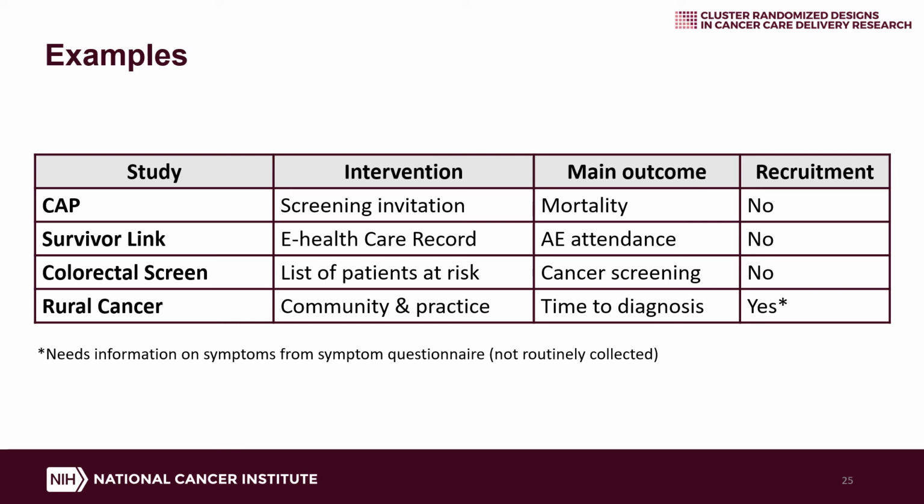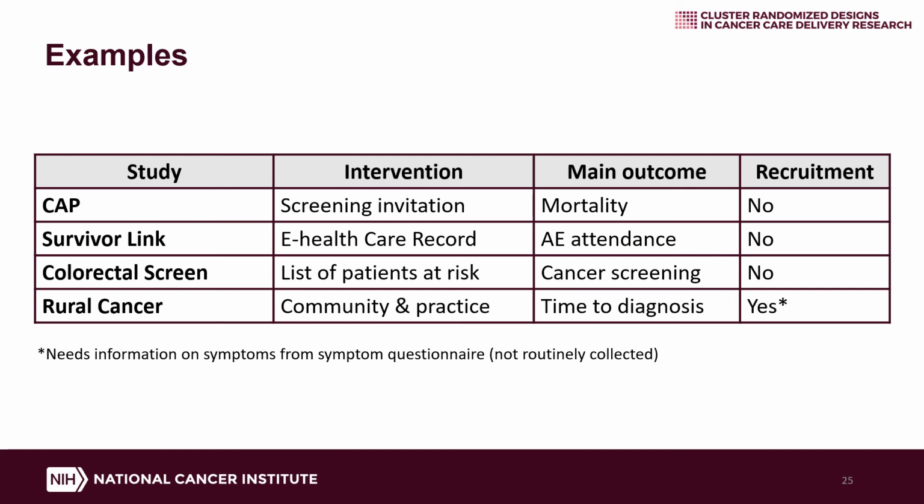And in the rural cancer study, the intervention was multifaceted, targeted both at the community and the general practitioner. The main outcome was time to cancer diagnosis, and this trial did recruit individual participants because it needed information on symptoms from symptoms questionnaires which were not routinely collected.